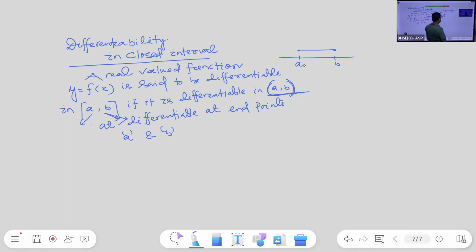So next topic is standard functions differentiable region.